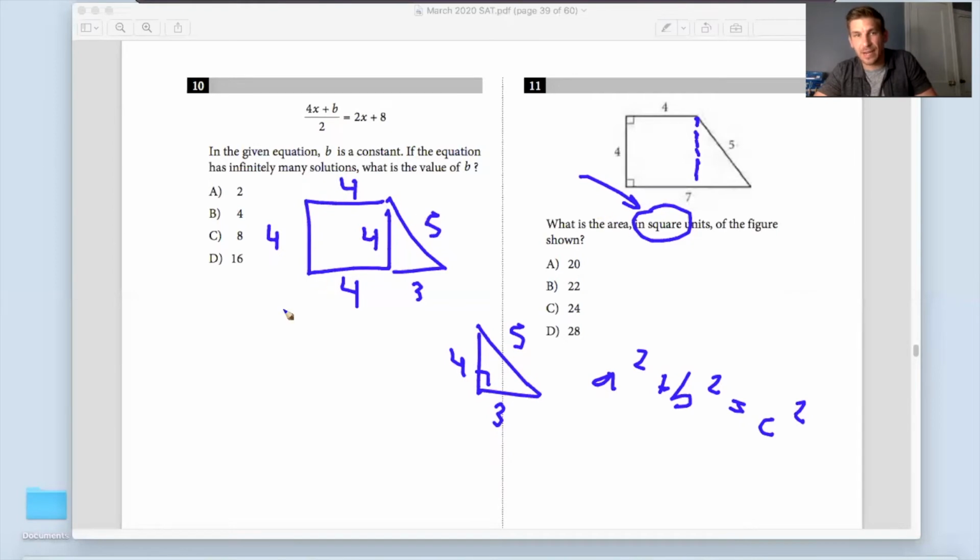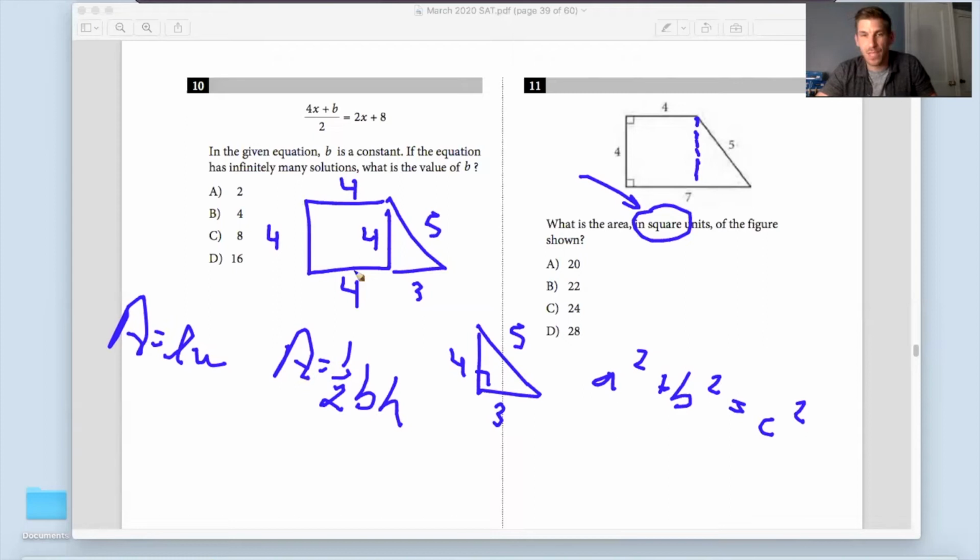So this says, what is the area? Now, I don't want to take it for granted. As I read this, I normally always want to write down A equals for the square, but I also want to record A equals 1/2 times base times height for my triangle. So my square is relatively easy.